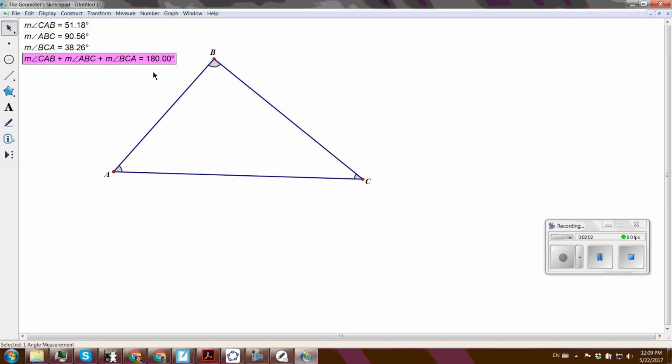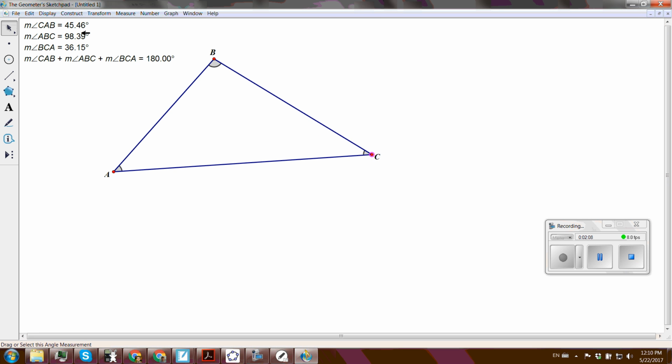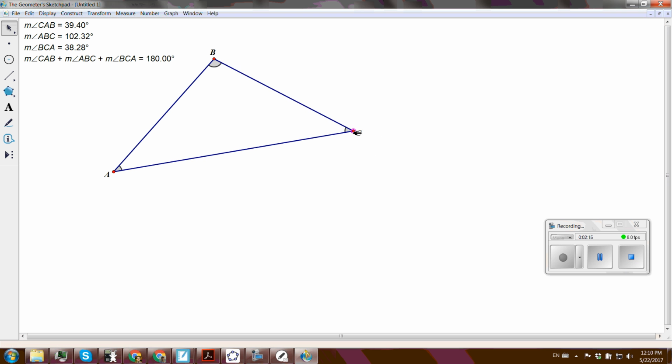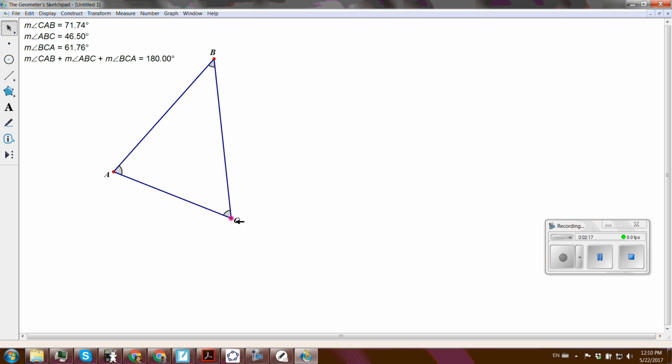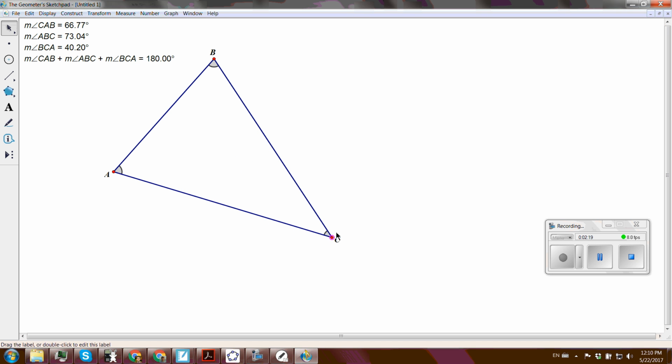They add up to 180 degrees. And I'm going to move one of the angles around, and you'll see that the individual angles are changing, but all three angles are always adding up to 180 degrees, no matter what the individual angles are. That is a very, very important property of triangles.